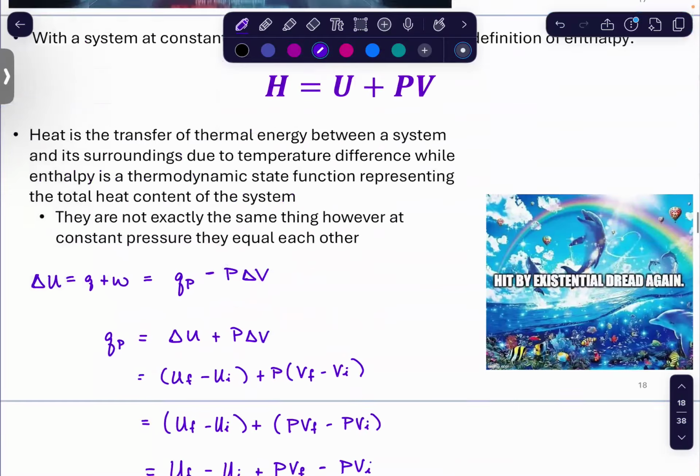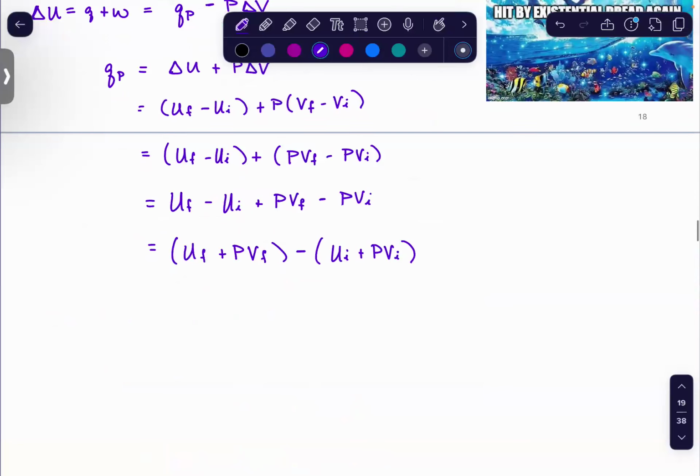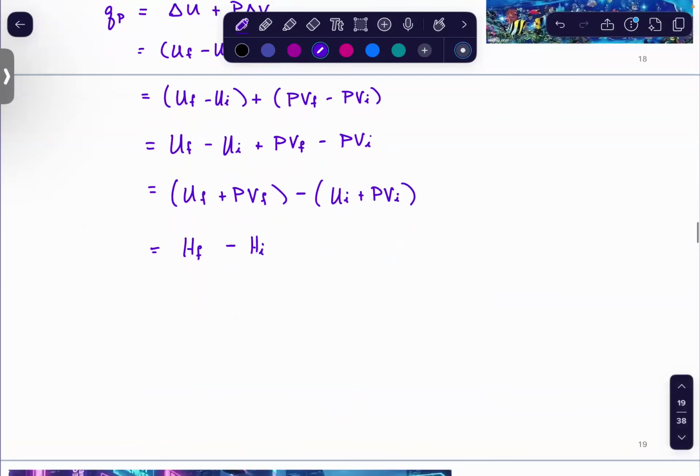And so what you notice is with our definition of enthalpy, that's final enthalpy minus initial enthalpy, or in this case, at constant pressure, Q equals delta H. So this is a circumstance where enthalpy does equal the heat, but remember definitionally, they're not exactly the same thing.